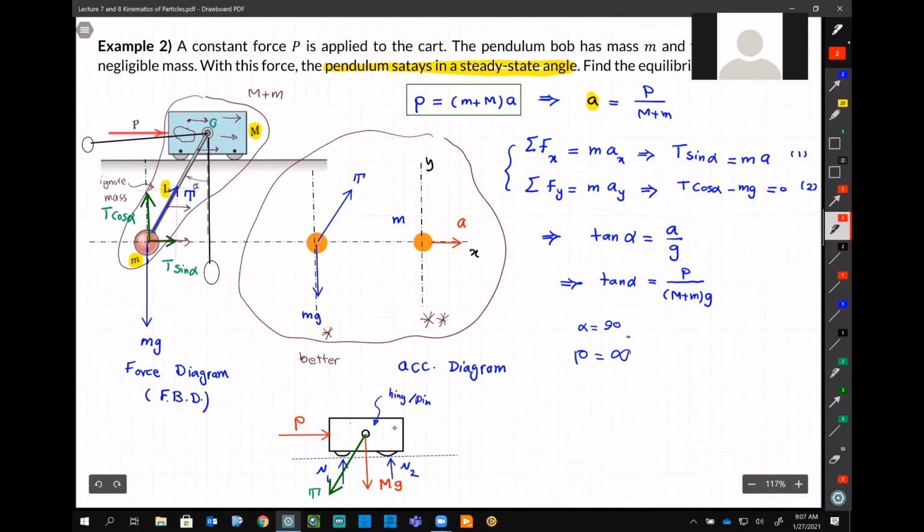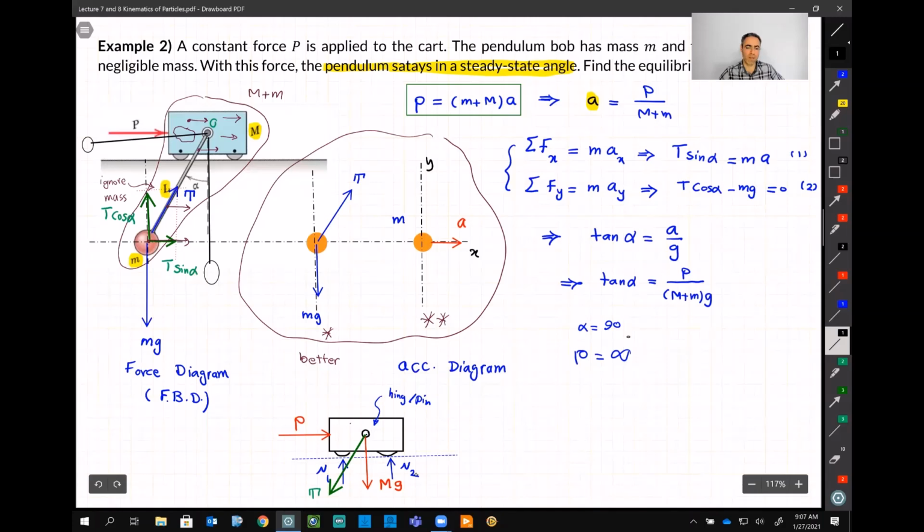Yes, and is the reason that we approach this question with the free body diagram of the pendulum instead of this one that we don't know the values of N1 and N2? That's correct, exactly. If you use this one, you have a lot of unknowns.